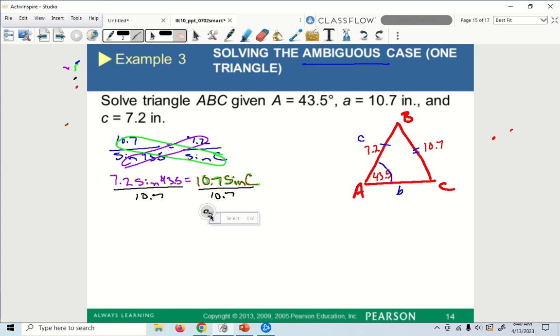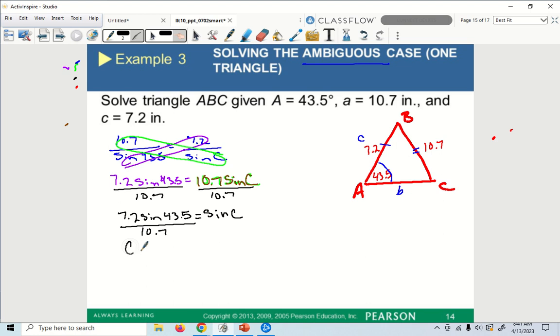So I'm going to have sine of C is equal to 7.2 sine of 43.5 divided by 10.7. Now, let's see if you guys paid attention and didn't pull out your cell phone. If you're looking for the angle, you do the inverse. Thank you.